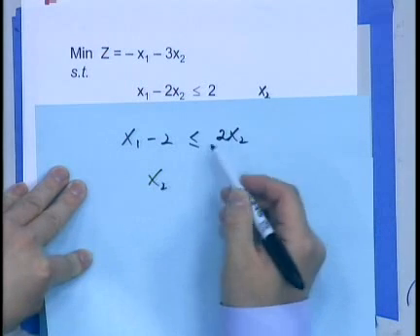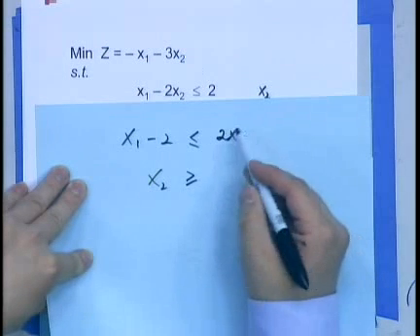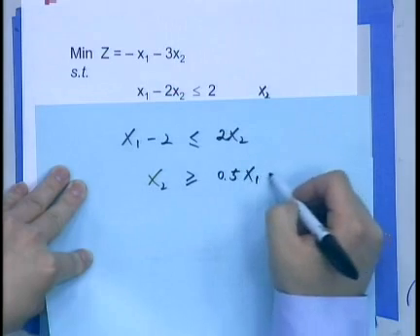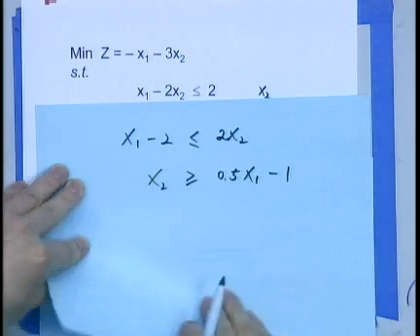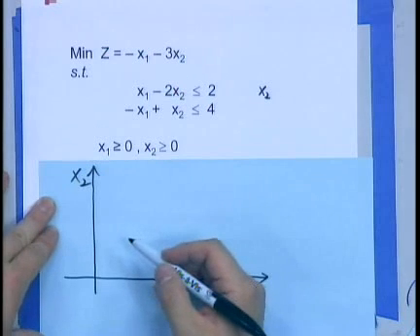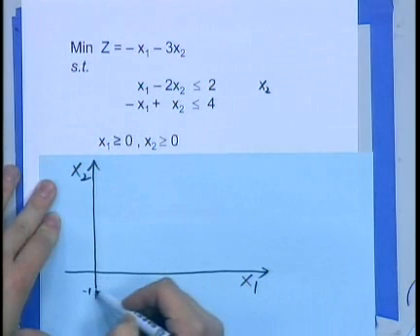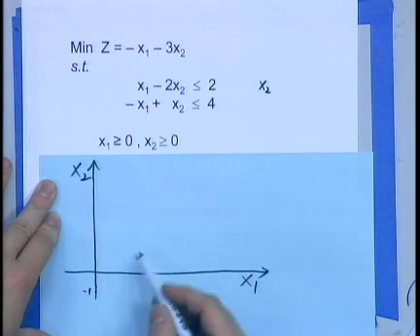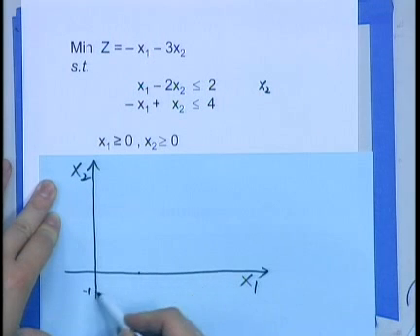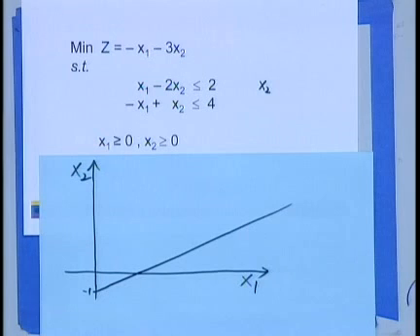So x2 is greater than or equal to half x1 minus 1, right? So something like this, negative 1 and 2, right?